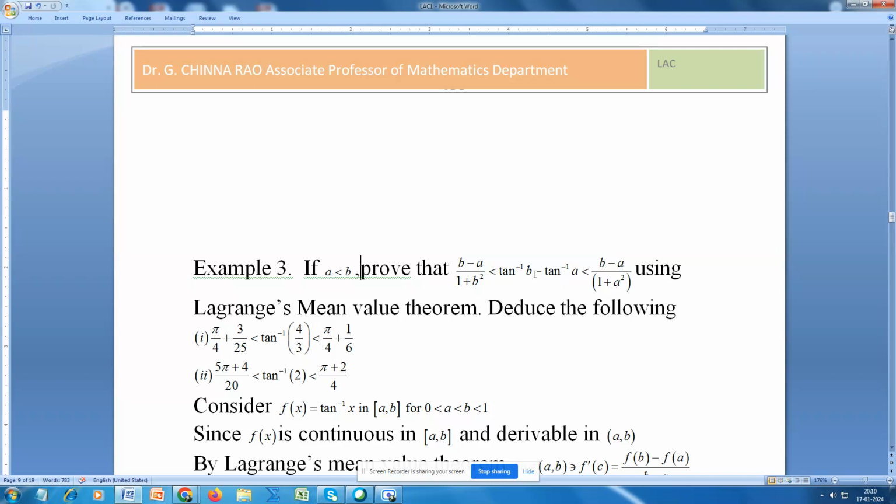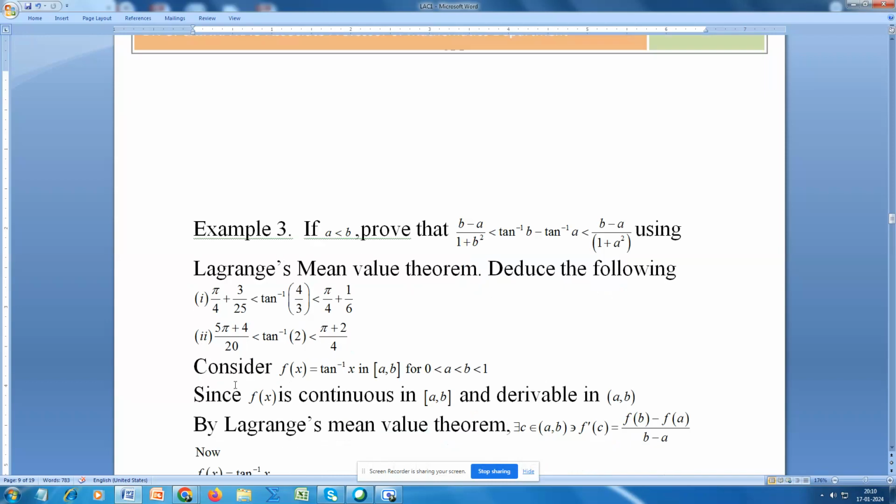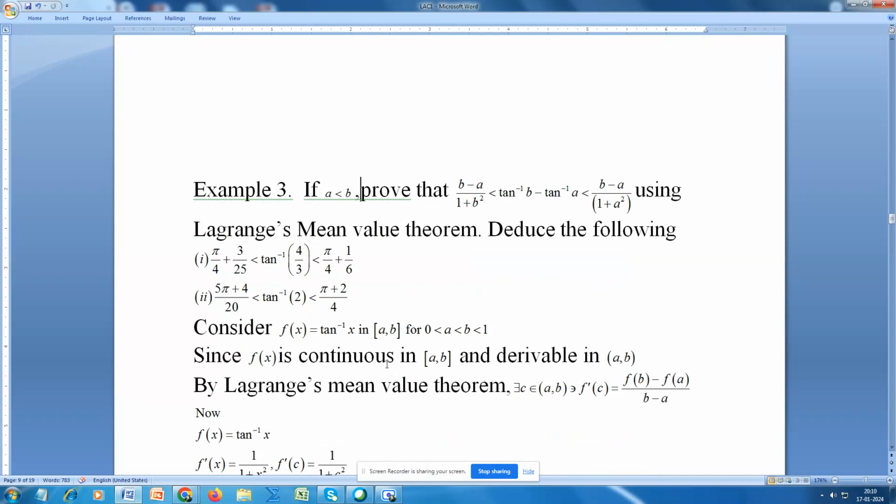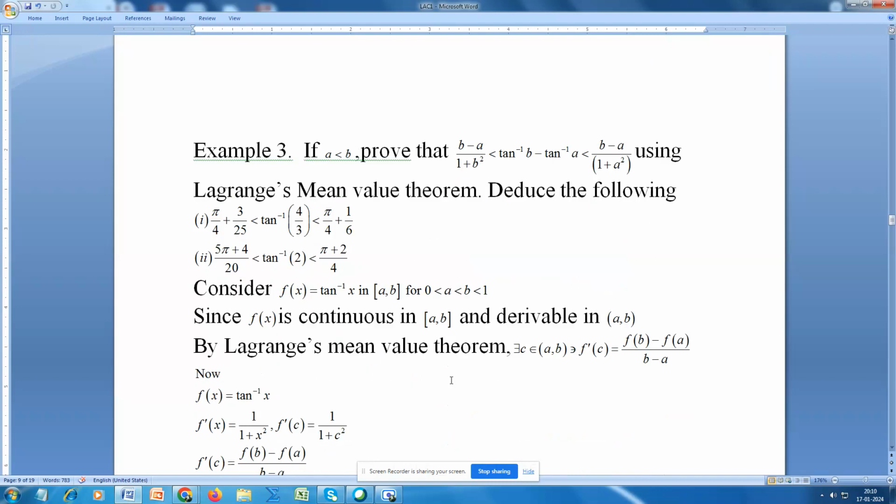Here the problem involves tan inverse, so you take f(x) = tan⁻¹x in the closed interval [a, b]. It is an inverse trigonometric function, so it is continuous in the closed interval [a, b] and derivable in the open interval (a, b). By Lagrange's mean value theorem, there exists c in the open interval such that f′(c) = (f(b) − f(a))/(b − a).